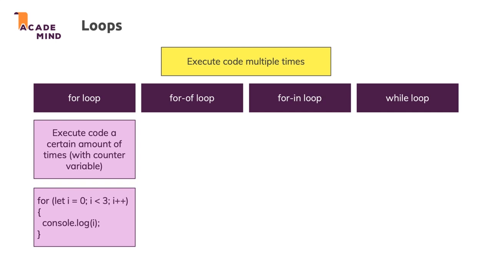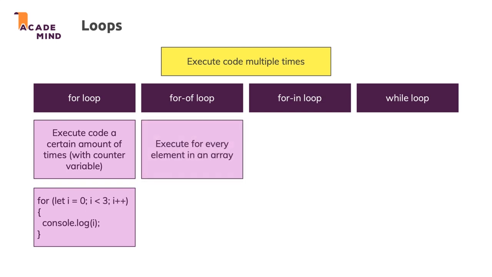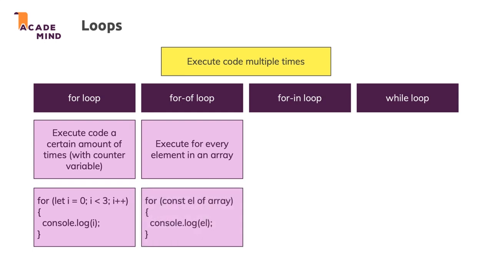Now, another loop you have, which is a bit newer, but now also very well supported in JavaScript, and that's the for of loop. Now, that executes for every element in an array. It allows you to execute code for every element in an array. It looks like this, kind of like the first for loop, but a bit different. Between parentheses, we don't have these 3 parts.